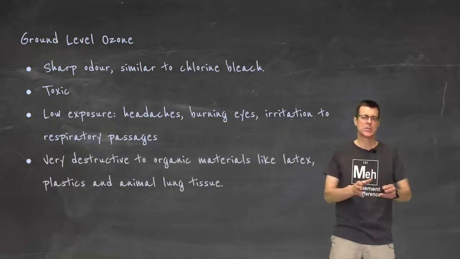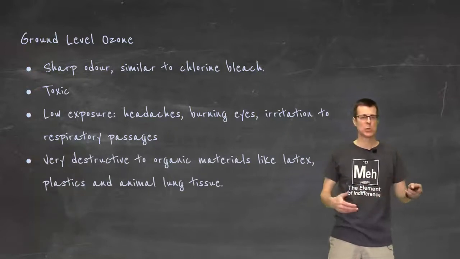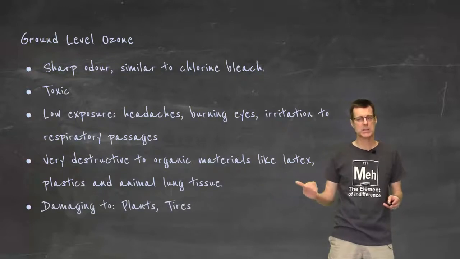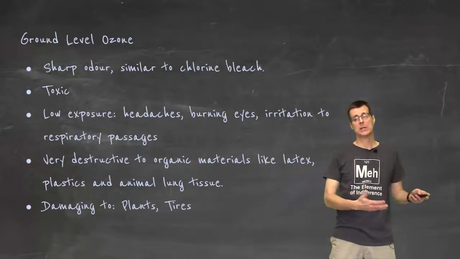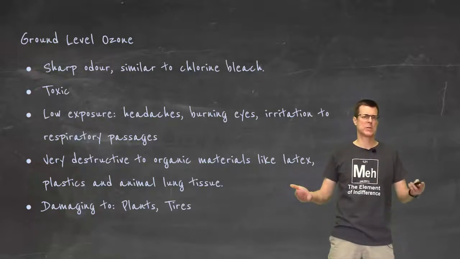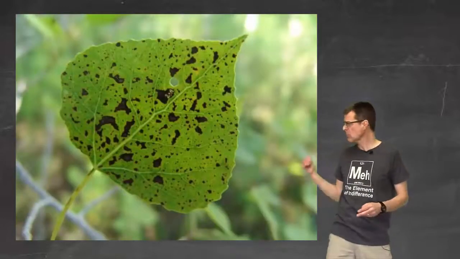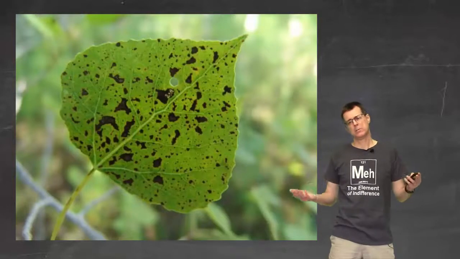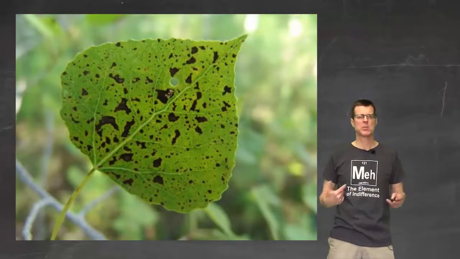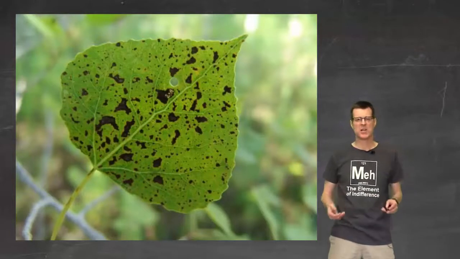It's also damaging to things like plants, rubber, plastics, and trees and tires. I said plants and trees as if trees were not plants. So that's a picture of, I think, a trembling aspen, or maybe it's a cottonwood, I have no idea what it is.